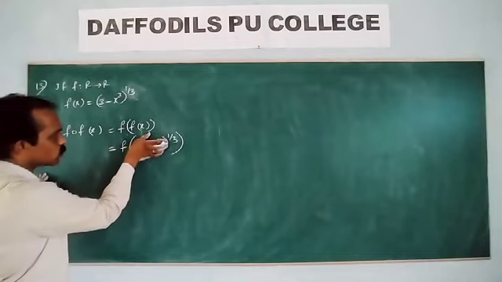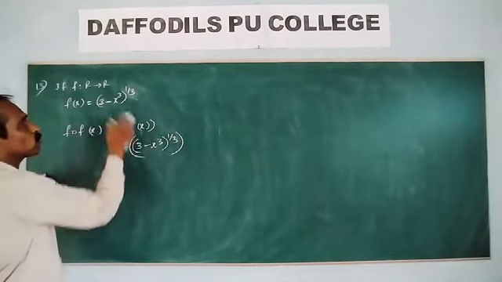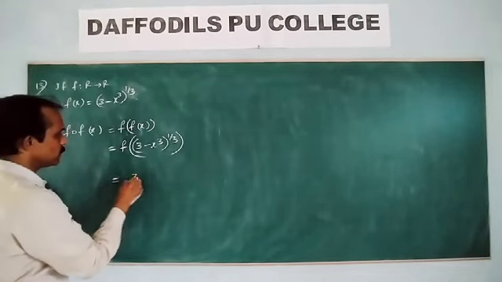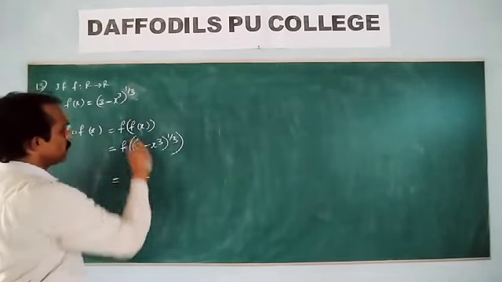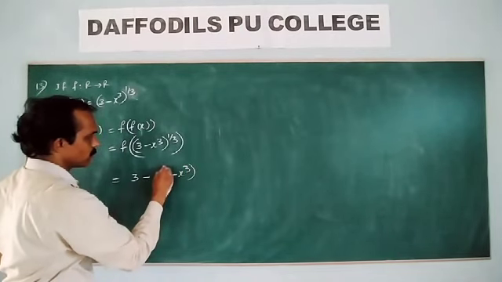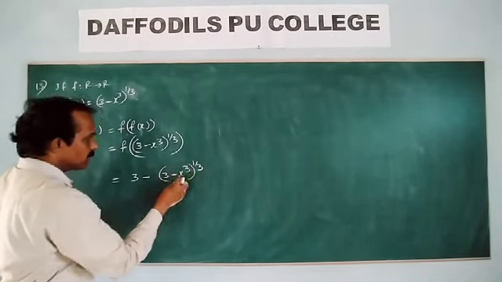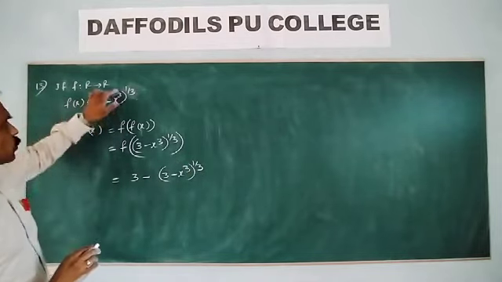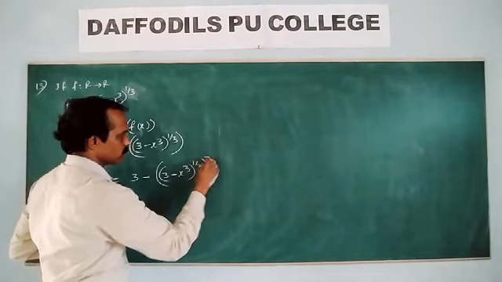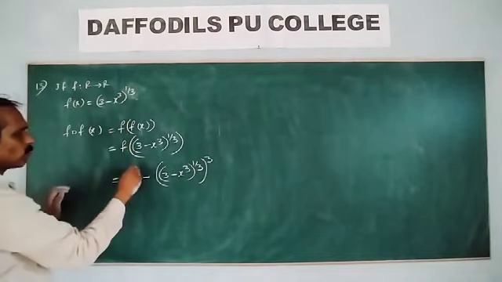Again resubstitute this total value in x only. This can be written as 3 minus x, and this is x cube, now full whole power 1 by 3.